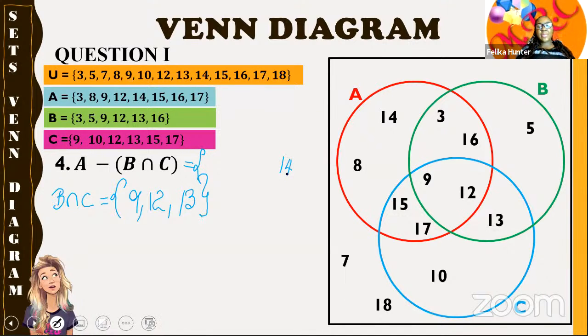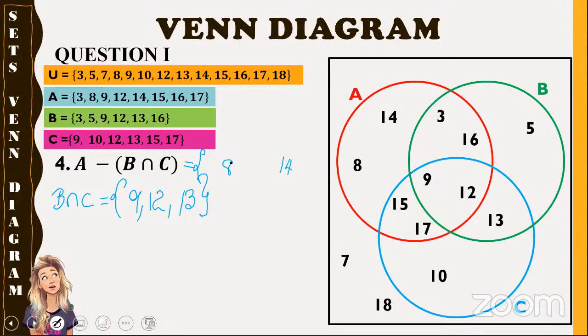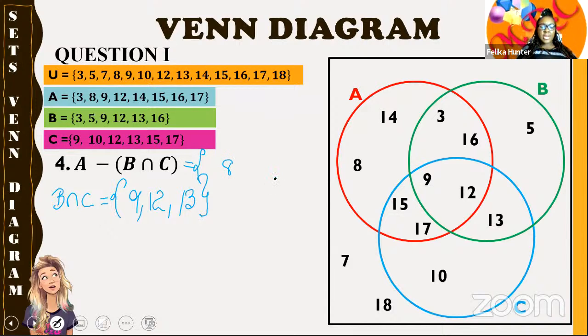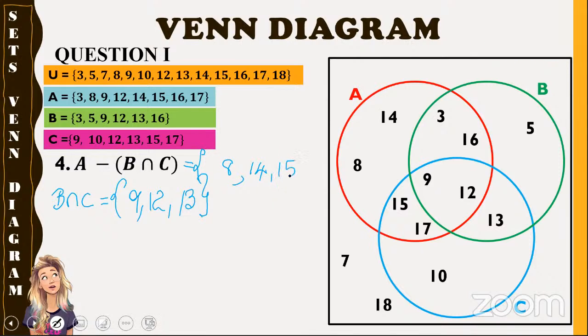So Peter is picking up for you. Go for me now, Peter. Miss, 8, then you have 14, 15. Is there any number that comes before 8? 3.